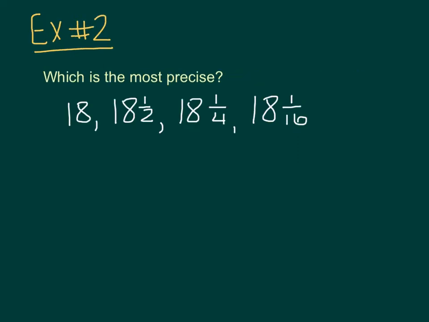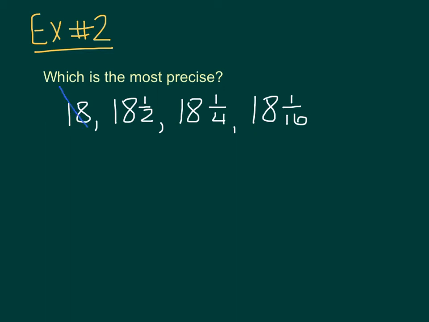Example number 2: which is the most precise? We have 18, 18 and a half, 18 and 1/4, and 18 and 1/16. Obviously the numbers with the fractions are more precise, because a whole number just tells us how many of something, but a fraction tells us how many parts of a whole we have also.